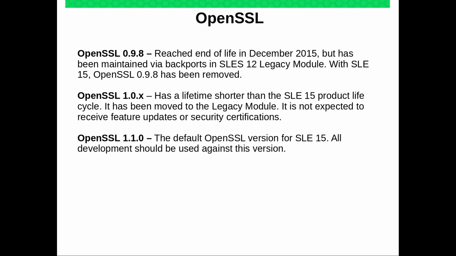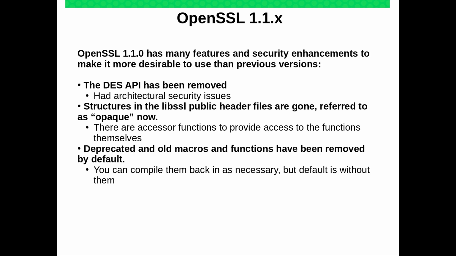Now, let's define a little bit more carefully what OpenSSL 1.1.0 brings to the table. Specifically, the DES API has been completely removed, and since it had some architectural security level issues, those are gone. That is gone, and it's a good thing.